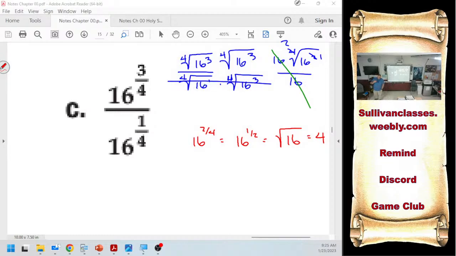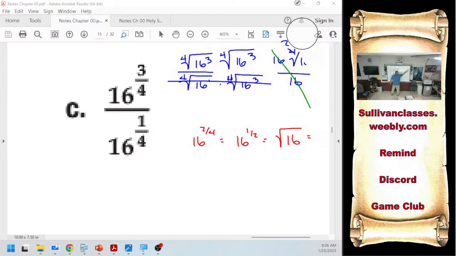So the idea behind this is that you have learned both how to work with radical expressions and how to work with exponential expressions. All of those properties, all of those laws, like you are now the mathematician carrying around the giant bag full of tools. You use what you need to.